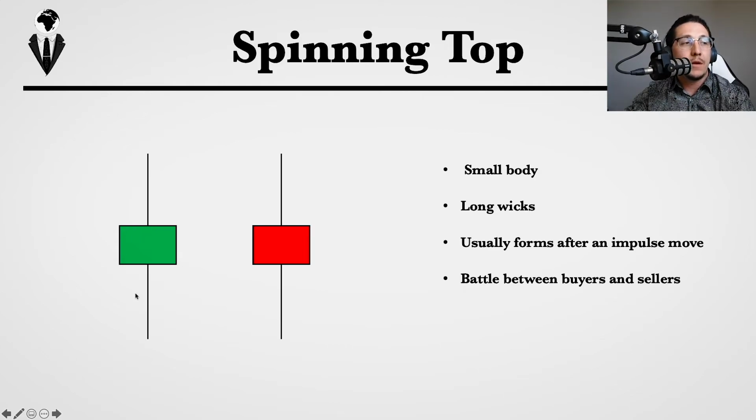Open here, sellers brought it down, buyers brought it up, sellers brought it back down. So basically, there was a lot of indecision in the market, which is a neutral signal because really there's no signal here. It's telling you that they're not sure whether to push it further down or bring it back up. There was a big battle between buyers and sellers this day.